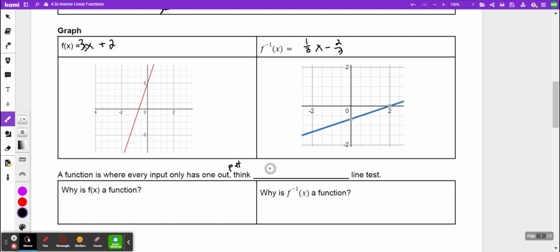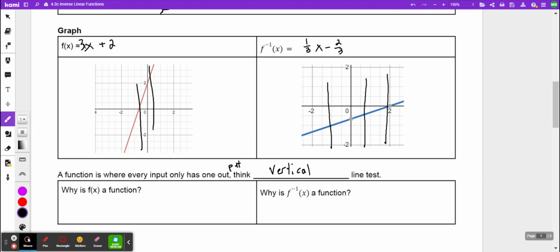Think vertical line test. So if I can draw a vertical line and it can only touch once, then it's a function. Now you can already tell I'm not really drawing straight lines, so we have to use our imaginations, okay?